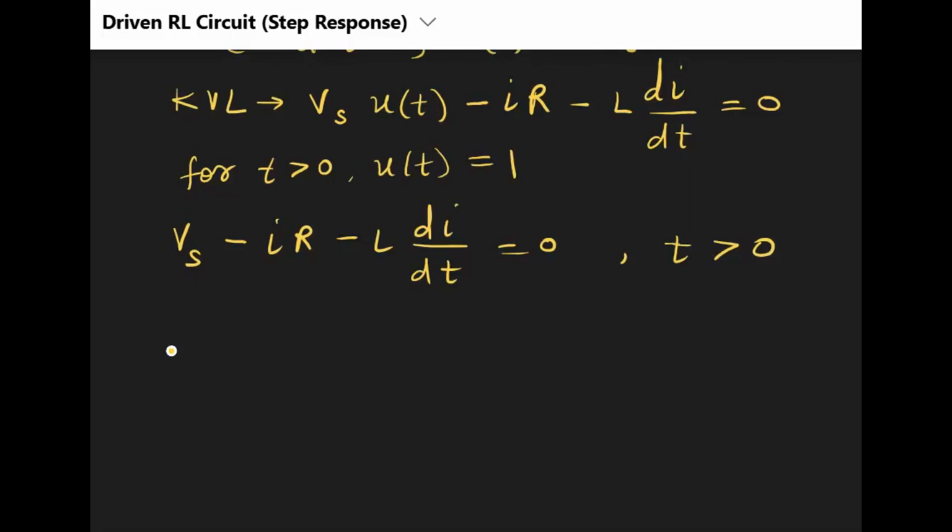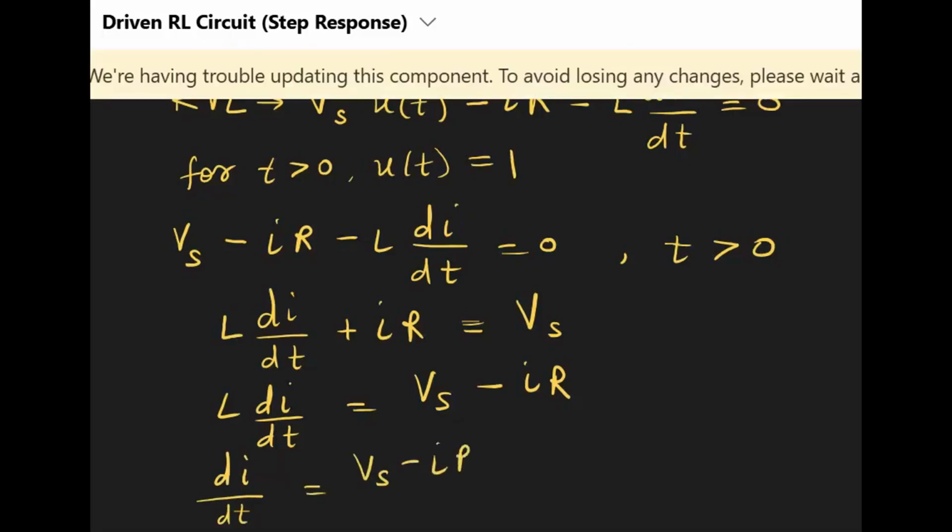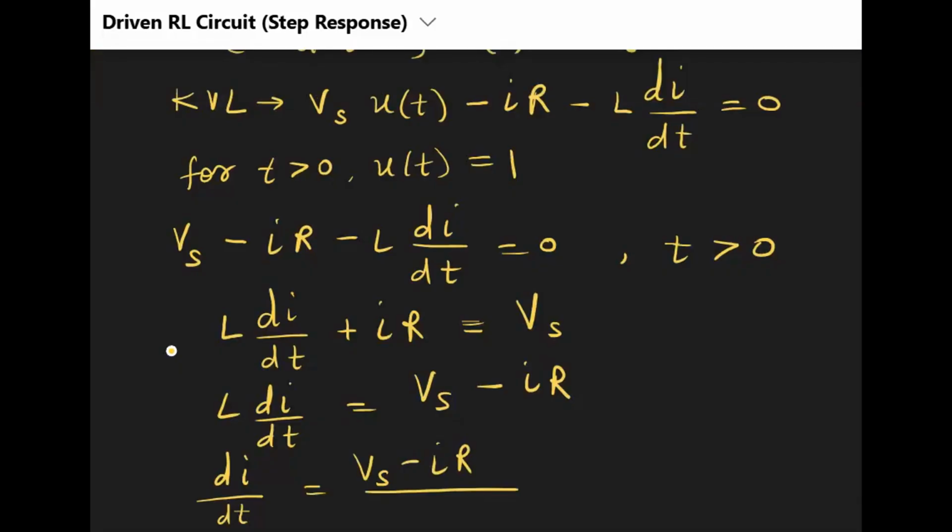Now rearrange the terms: L di by dt plus iR equals Vs. So L di by dt equals Vs minus iR. Divide the complete equation by L, and we get di by dt equals (Vs minus iR) upon L.